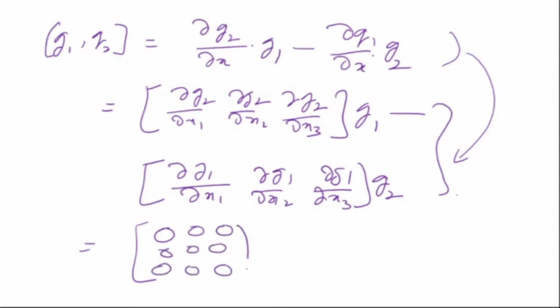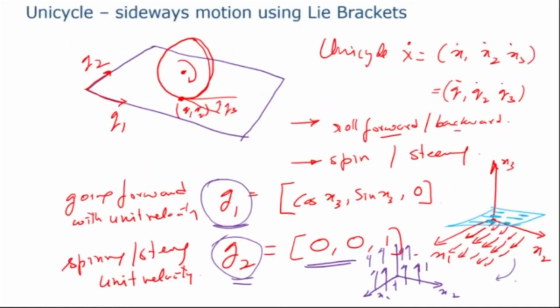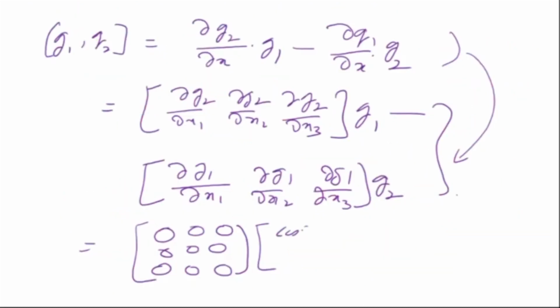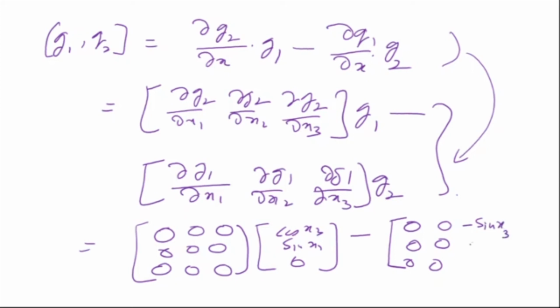And what is g1? g1 is equal to cos x3, sin x3 and 0. So this is cos x3, sin x3 and 0, minus the partial derivative of g1, which is 0, 0, 0, 0, and here we'll be getting minus sin x3 and cos x3, and this is my 0, into g2, which is 0, 0, 1.